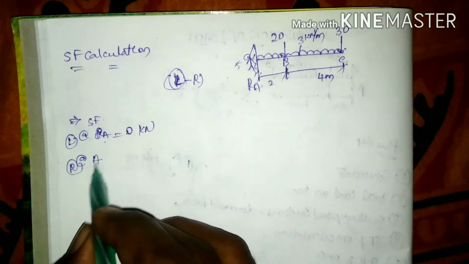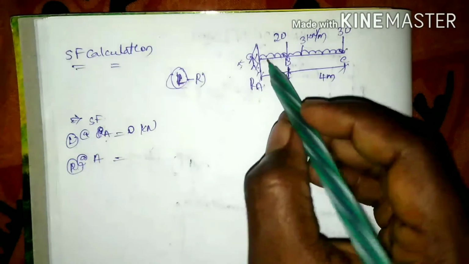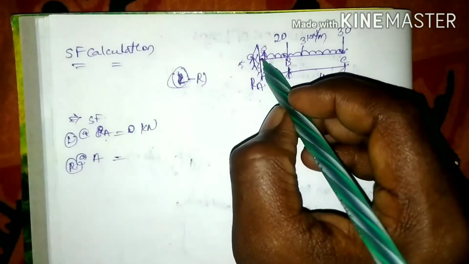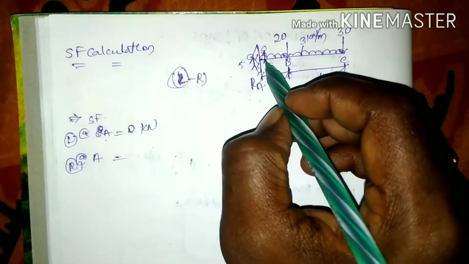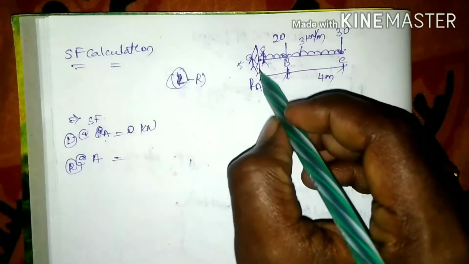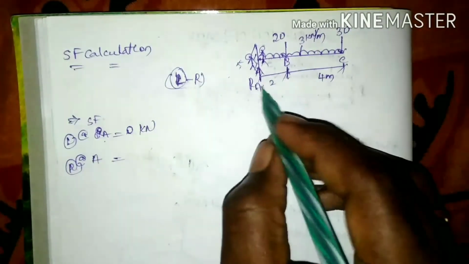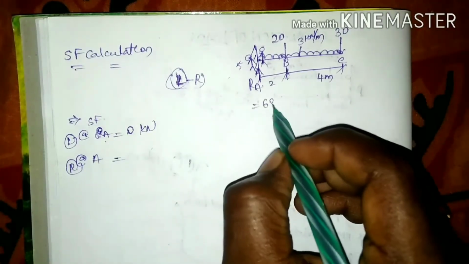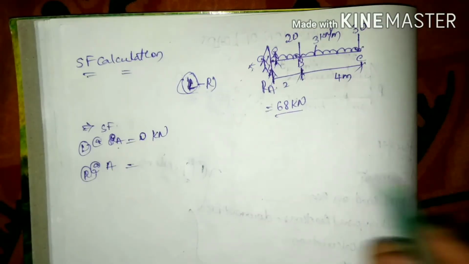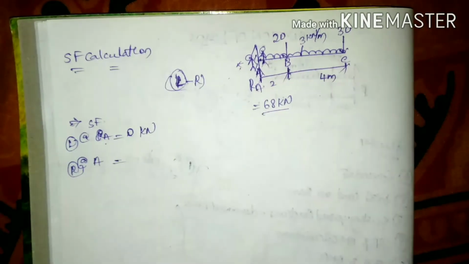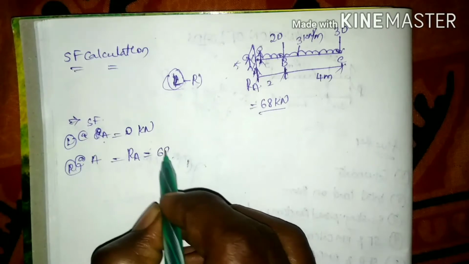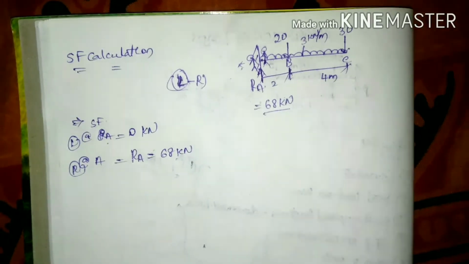Standing just right to the RA or A support, I find the RA reaction is acting in the upward direction with a magnitude of 68 kilonewtons. So the value of RA is 68 kilonewtons.